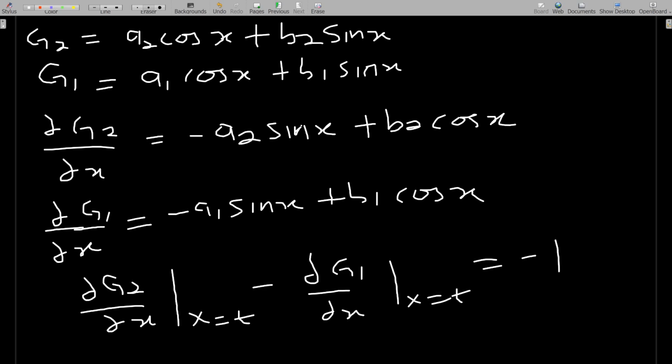So it means that in both of these equations, this one and this one, wherever I see x, you just put t there and you subtract them, and then you equate it to minus 1.